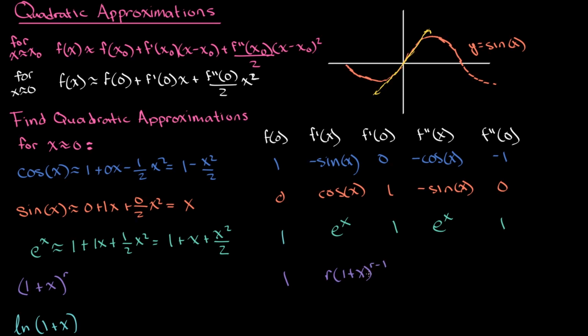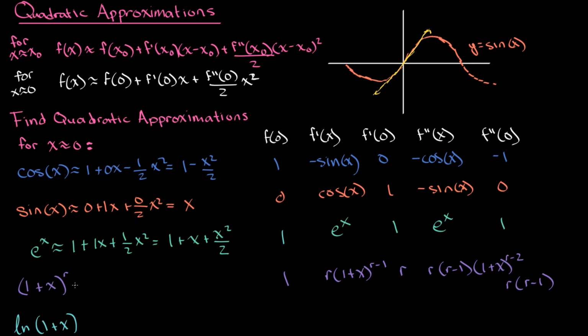Evaluating this at 0, again, 1 to some power and then times r, so this is just going to be r. Taking the second derivative, again power rule, so we have r times r minus 1 times 1 plus x to the r minus 2 power. And again, it's just r times r minus 1 times 1. So we get r times r minus 1.